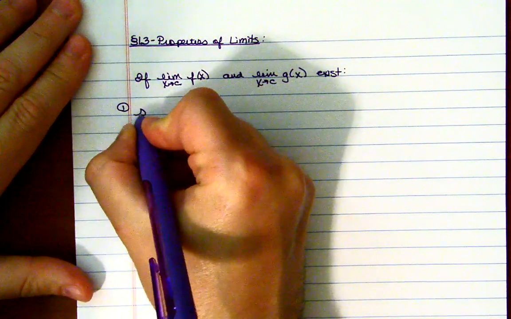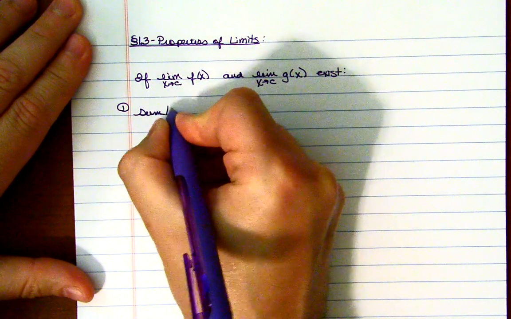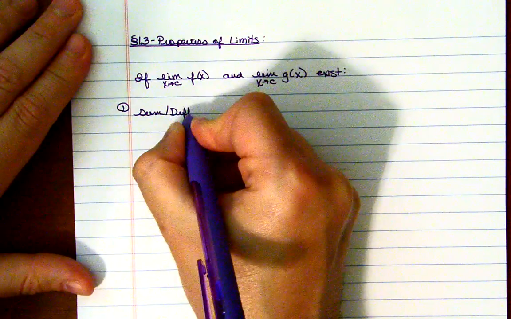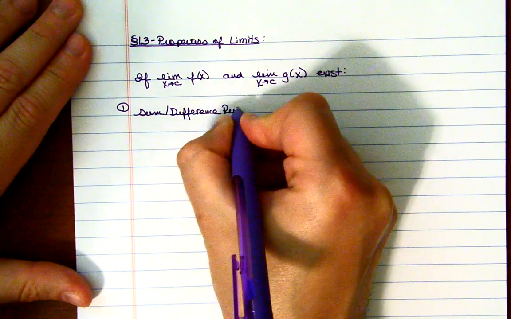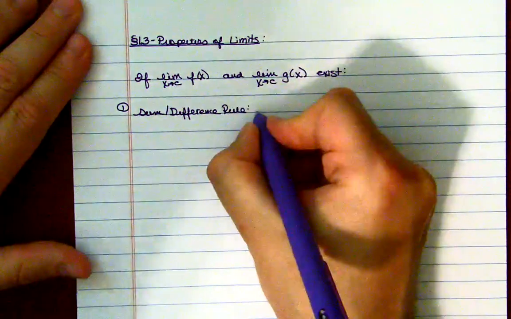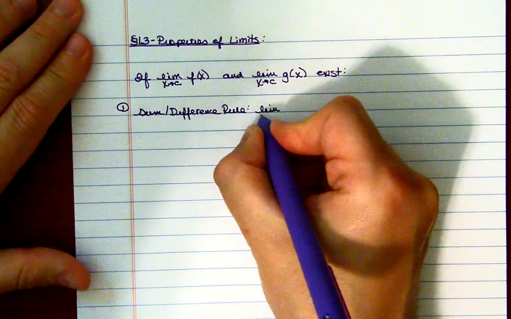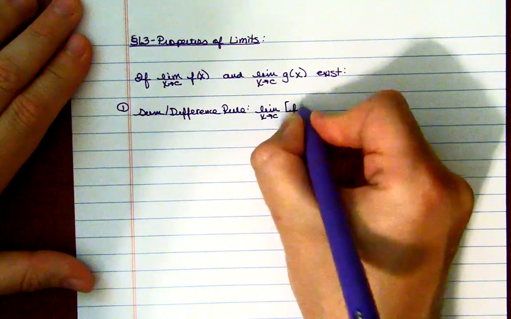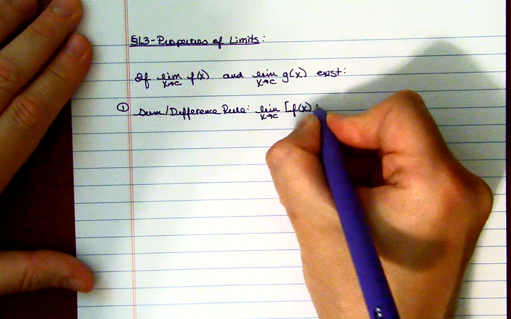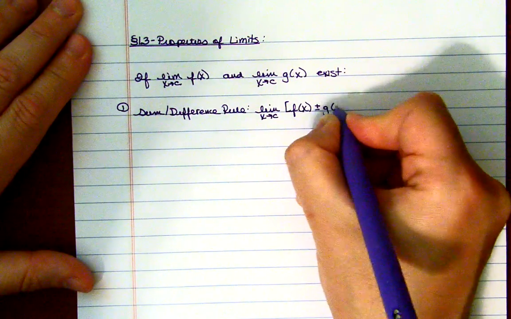The first property is our sum or difference rule. Which says, if I want to do the limit as x approaches c of the sum or difference f of x plus or minus g of x.